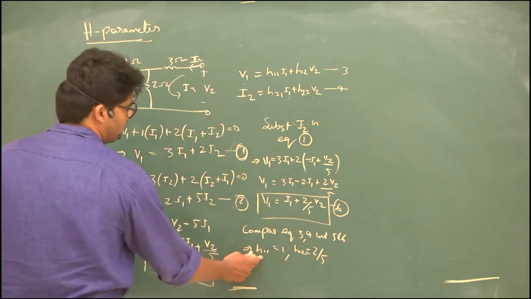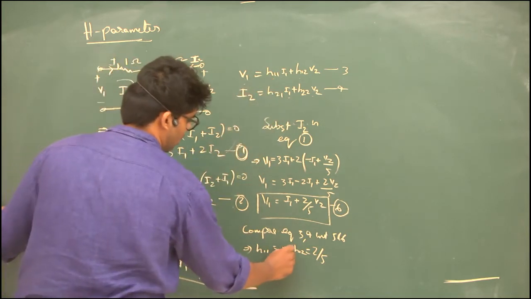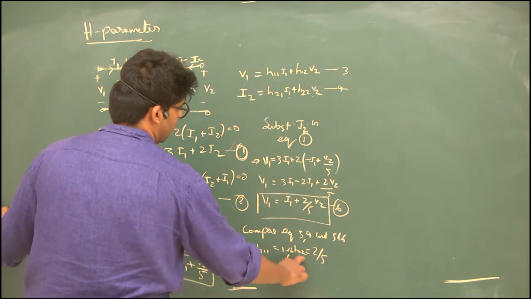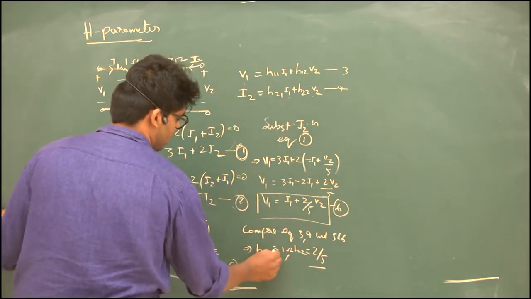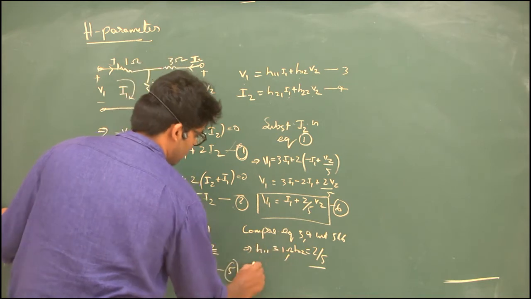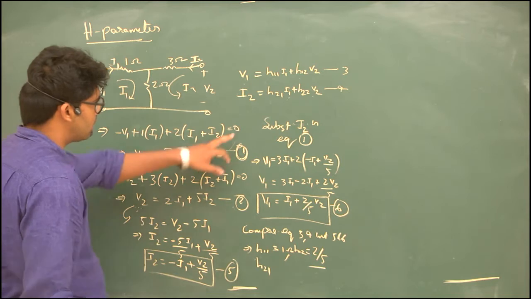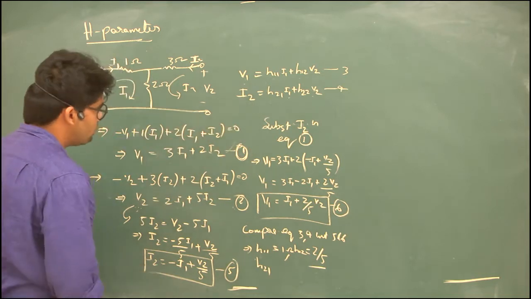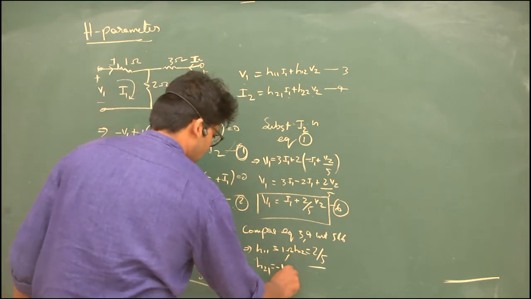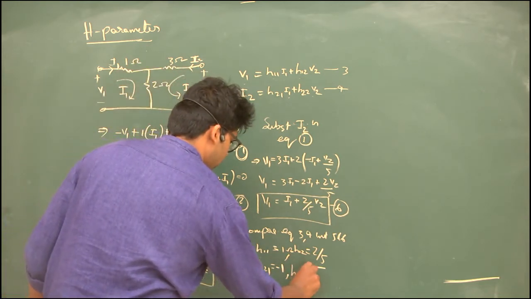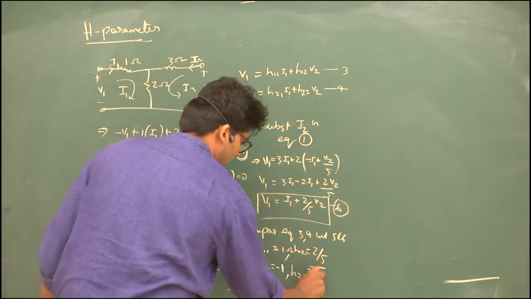The units of h11 are V1 by I1, that is ohm, and h12 is a voltage gain, so there are no units. Comparing with equation 5, h21 equals minus 1 and h22 equals 1 by 5.